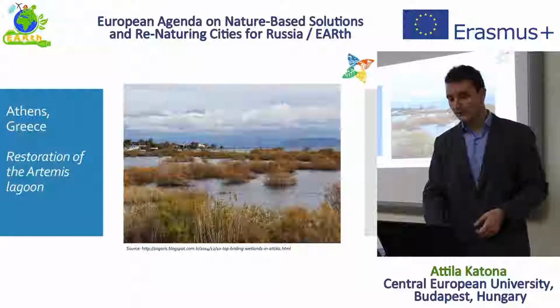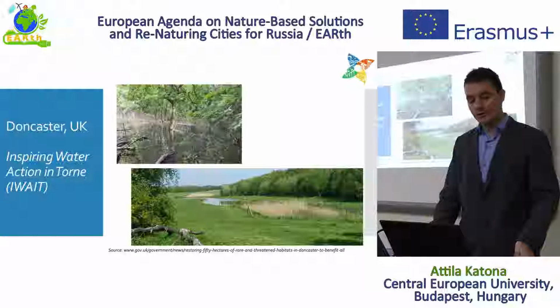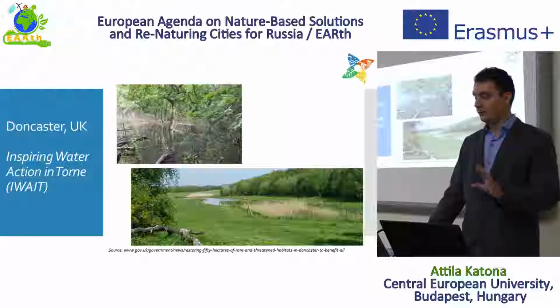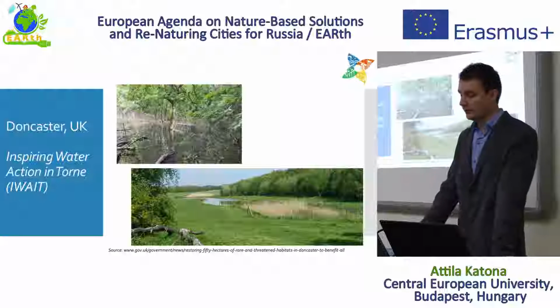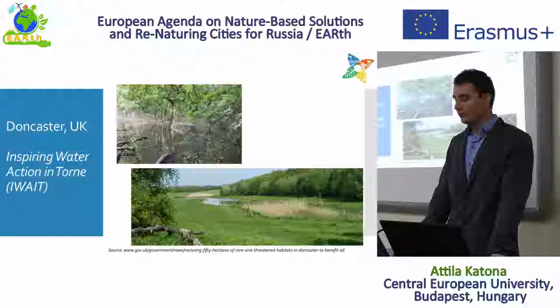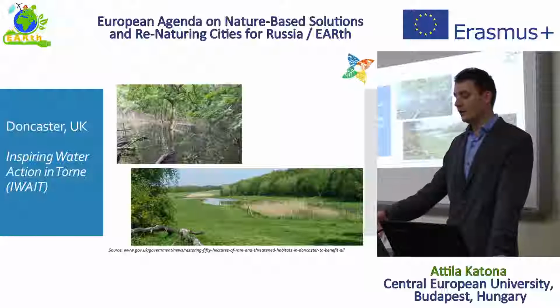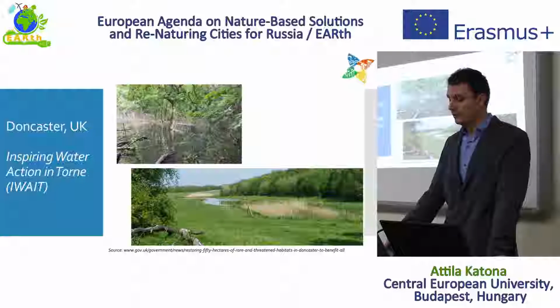restoration project, for example. Doncaster in the United Kingdom, they have done this nationally important wetland habitat, and so it was restored near Doncaster as a part of a European Environmental Agency-led project.